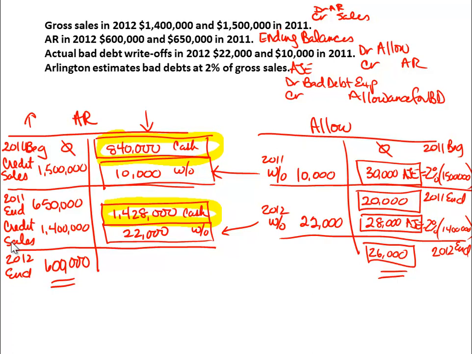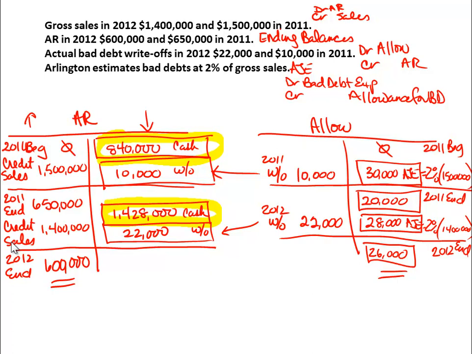I see that my accounts receivable ending balance is going to be $650,000, and I know the only things that make my accounts receivable go down are if customers pay me cash or if I write them off. The third item says we wrote off $10,000 in 2011, so I can back into that my customers paid me $840,000 in cash in 2011 as a result of those credit sales.